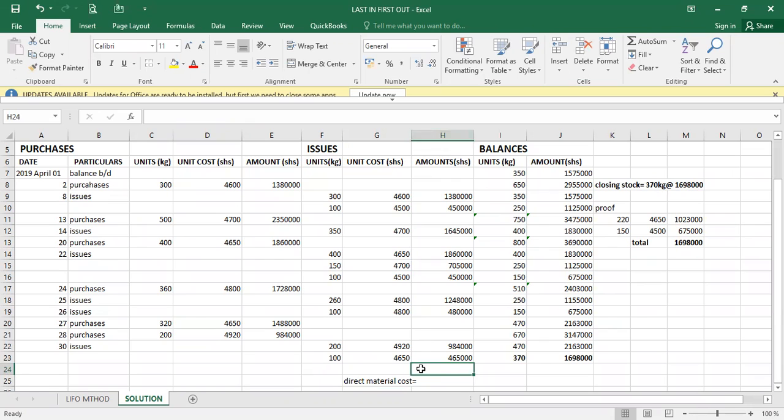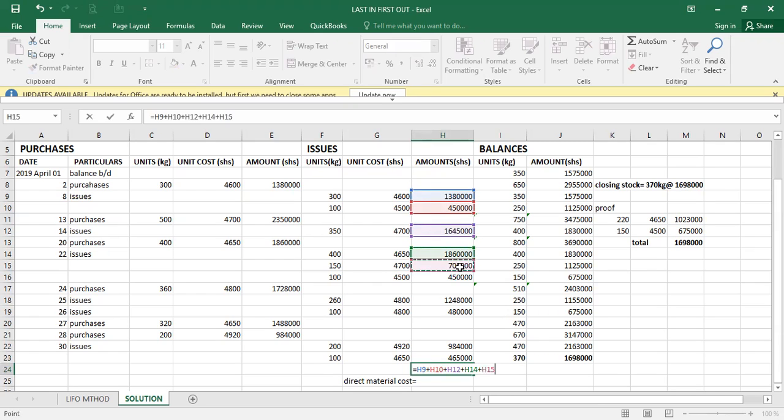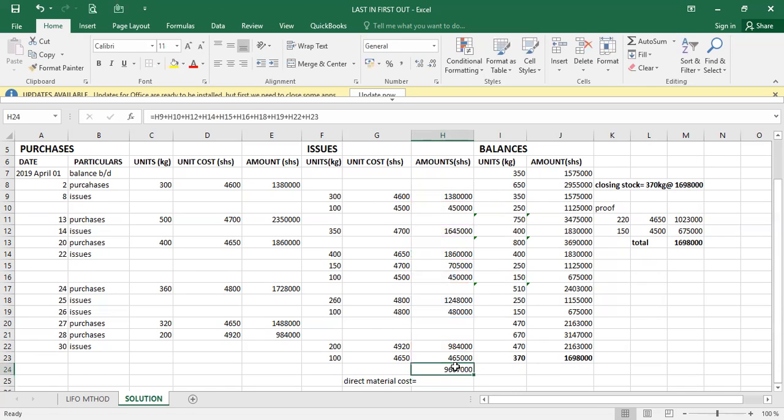We say sum, we add this plus this plus this plus this plus this plus this plus that plus the next one plus this one, and then the last one, that. Press enter, and this will be the value of the goods we've issued out. So that's it.